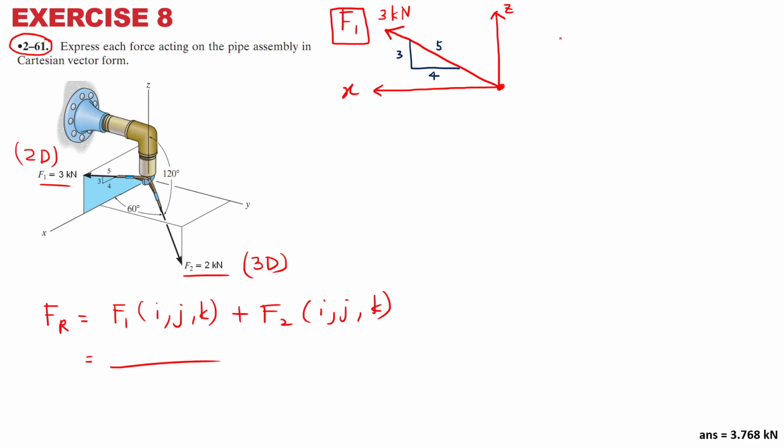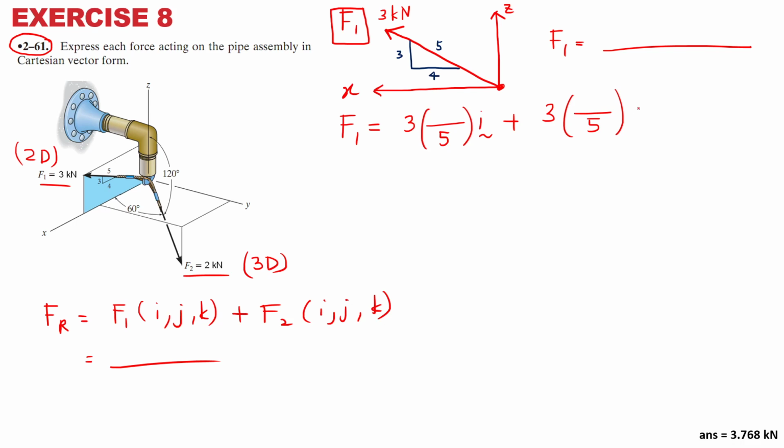Okay, so F1 is equivalent to what? F1 is actually going this way. So you've got 3. This one is hypotenuse, which is I plus 3 over hypotenuse.